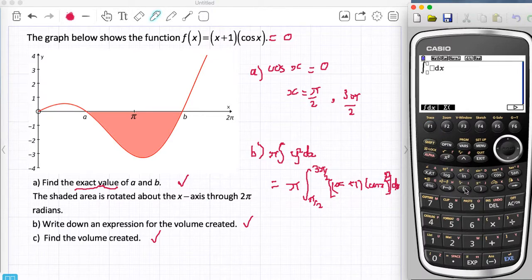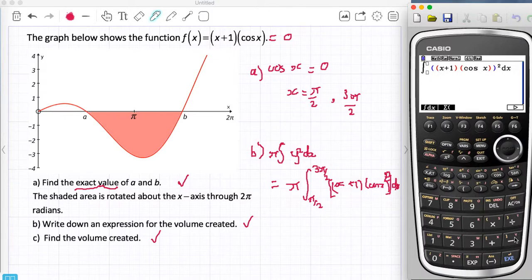I just need to type it in. So I'm going to put 2 brackets, x plus 1, close that first bracket, open another bracket, cosine x, close that bracket and close it again, and the whole thing is squared. I've actually forgotten to do the pi in front, so we'll deal with that in a minute. And now I'm going to put the limits in.